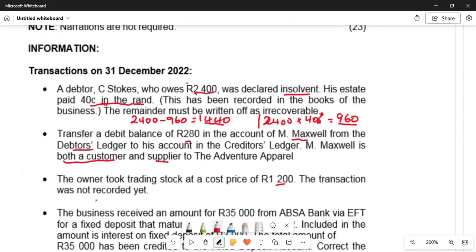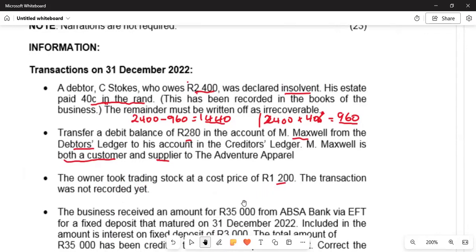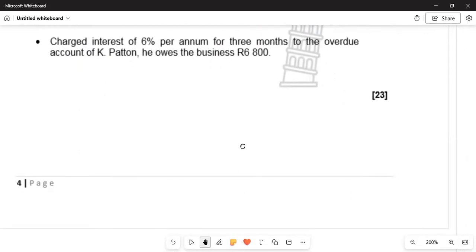So it means we are going to debit our drawings and credit what? The trading stock. Because the stock was taken out of the business, we credit the trading stock. So it's as easy as that.